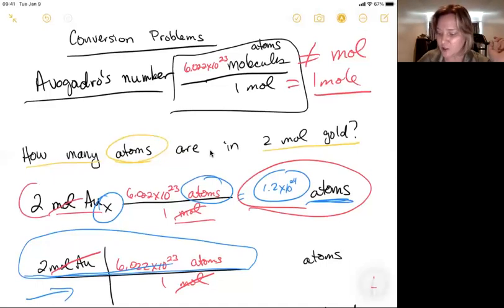So if you look at 2 times 6, the 6 times 10 to the 23, 2 times 6 is 12, but you should remember scientific notation from teacher Vanessa, so you can't use 12 times 10 to the power 23. That's going to become 1.2 times 10 to the power 24. So this answer makes sense.